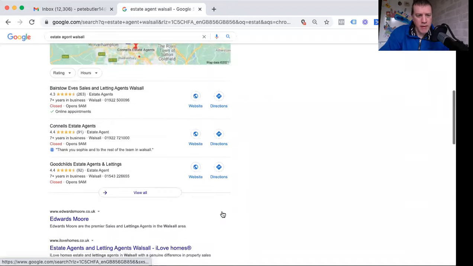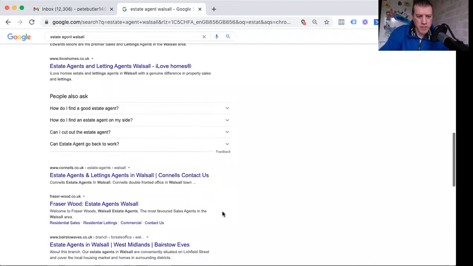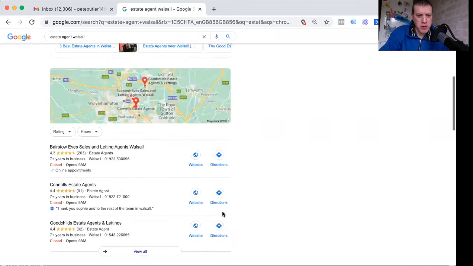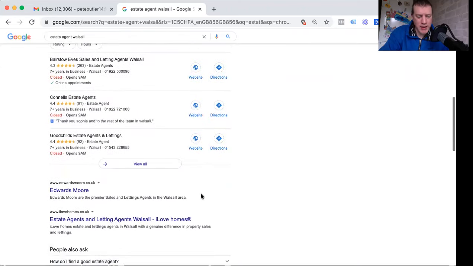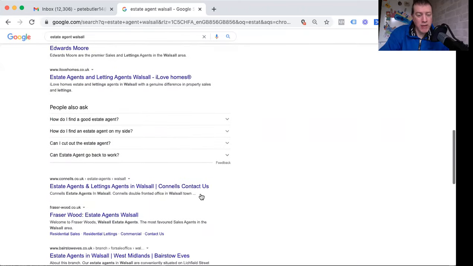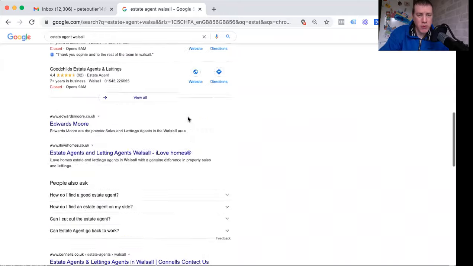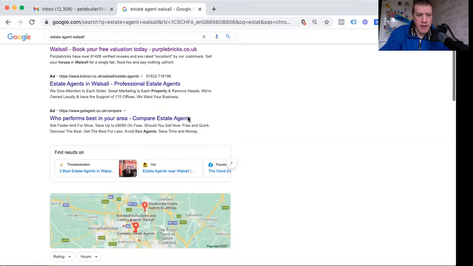Now, here you've got to optimize your website and look at it long term, but what you've got to do is do both, because eventually you want to come away from this and just rely on the organic, but only if the organic's working for you, because just being up here doesn't mean you're necessarily going to get the results, especially for terms like how much is my house worth, what's my flat worth, how to sell my house.